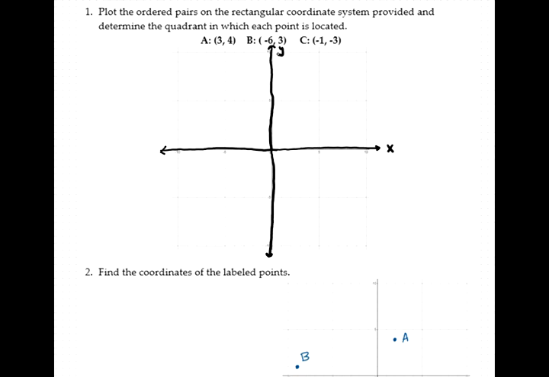Now, if we look at this two-dimensional plane, this is different than a number line, because if we're just looking at a number line, every number is located on that line. If I said, where's the number 3? You would say 3 spaces to the right, and right here is the number 3.